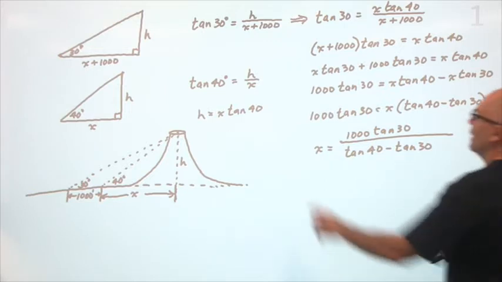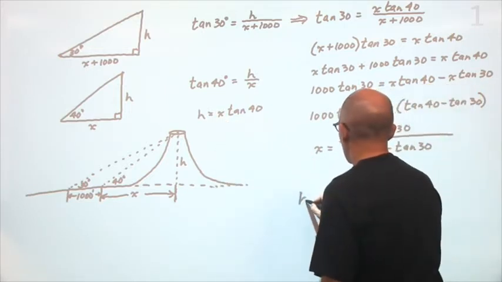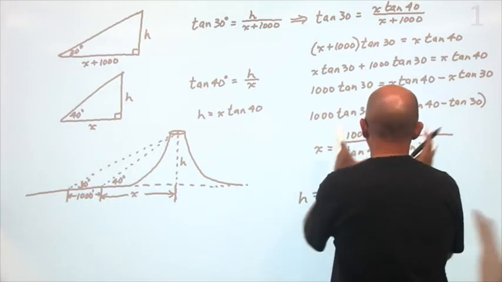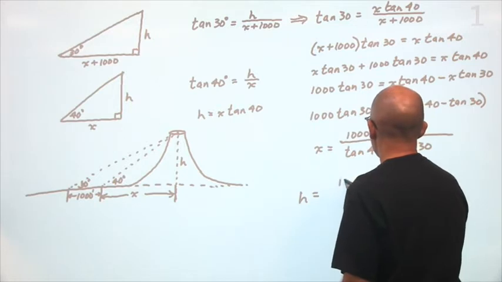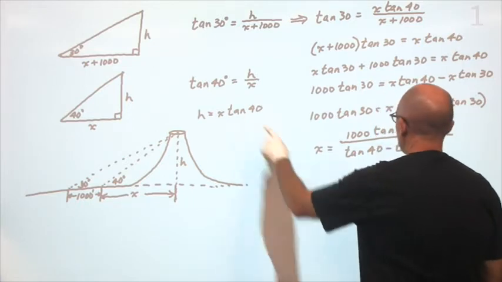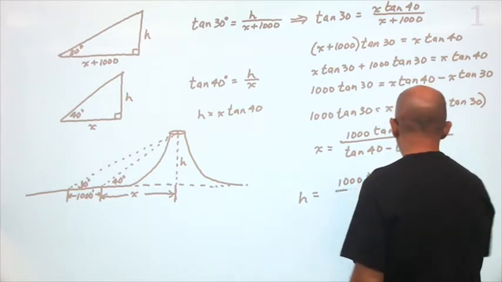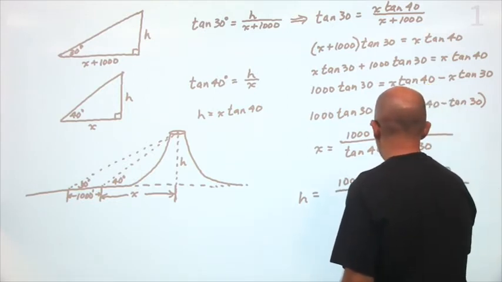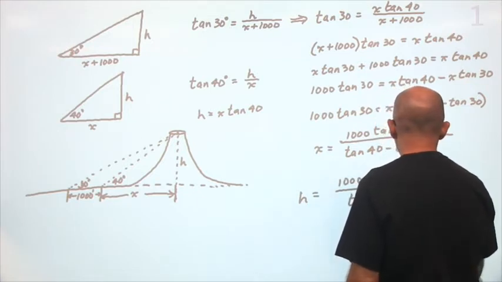Okay, now, if that's what x equals, then h will equal x times tangent 40. So it's going to be 1,000 tangent 30 times tangent 40 over tangent 40 minus tangent 30.